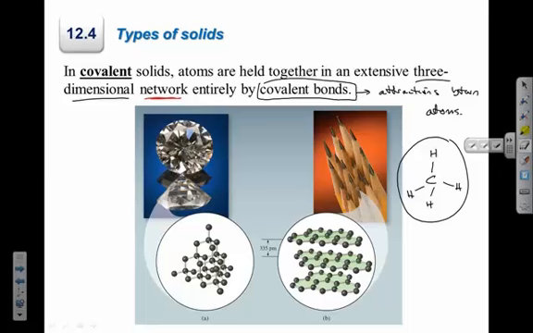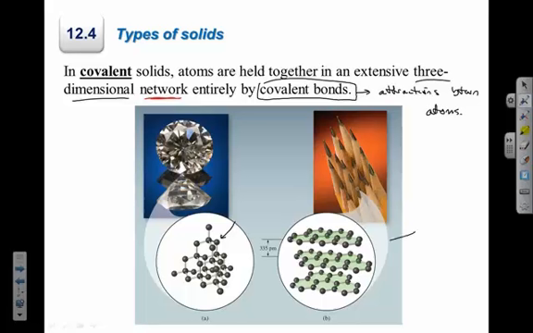So instead of a discrete small molecule that only has a few atoms, you have a network. Here every carbon is bonded to four other carbons in a diamond. And in your pencil you actually don't have one molecule, but you have layers where all the atoms in this flat layer are carbons bonded to other carbons.